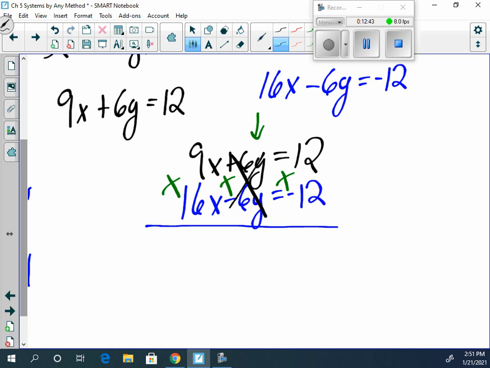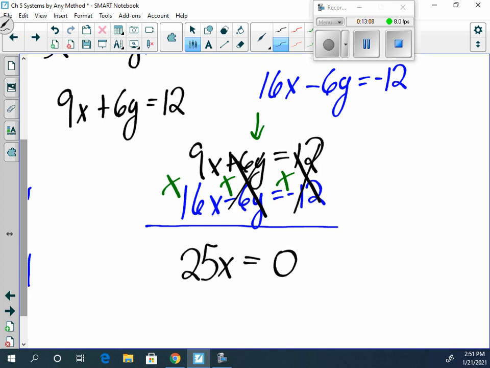These will cancel. Because what are we wanting? We're wanting one of the variables to cancel out. Now 9 plus 16 is going to give us 25x. And 0, that would be 12 plus negative 12. These cancel out and give us 0.